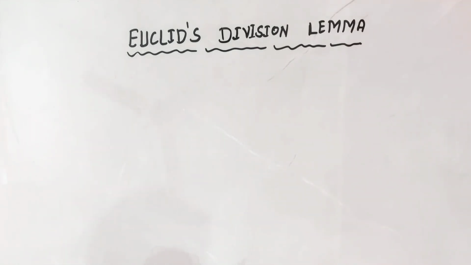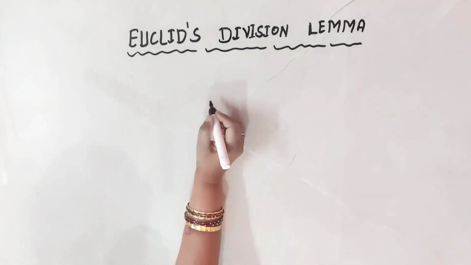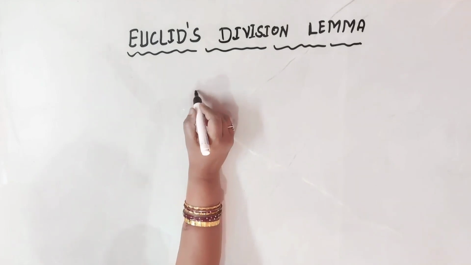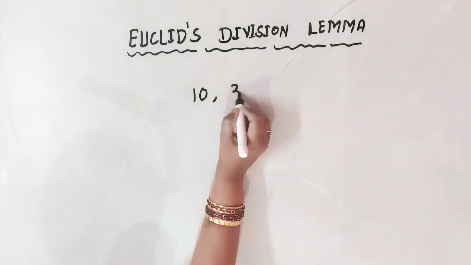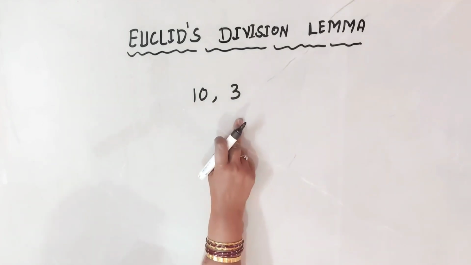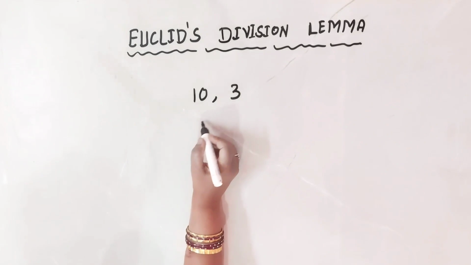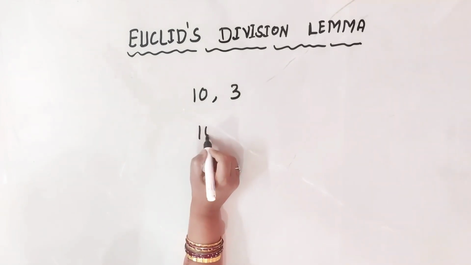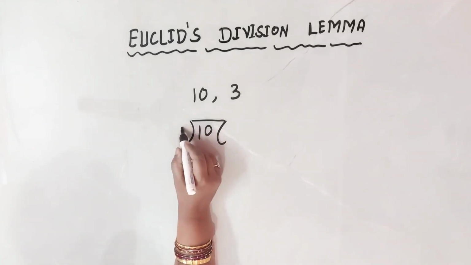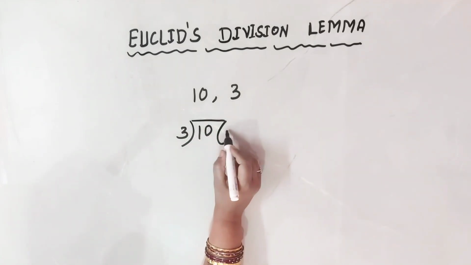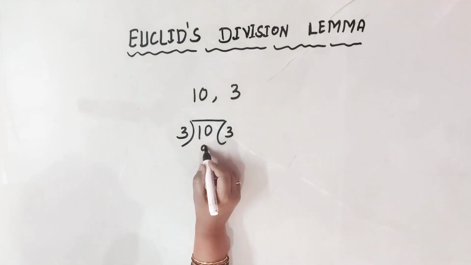Before learning this, let me recall your memory that in your previous classes you have learnt the division of two positive numbers. 10 and 3 are two positive numbers. Now I'll show you how to divide. You know that one. But still, see 10 divided by 3. 3 3s are 9.